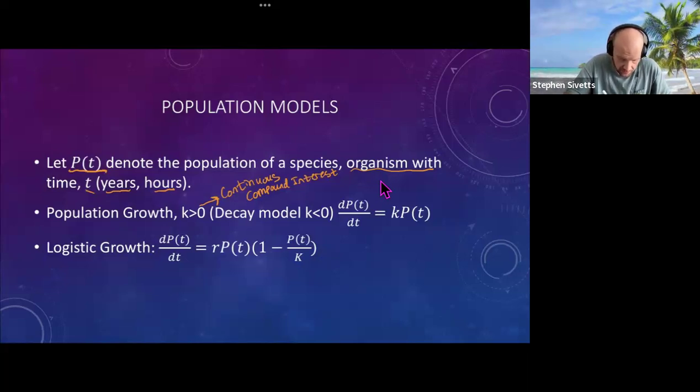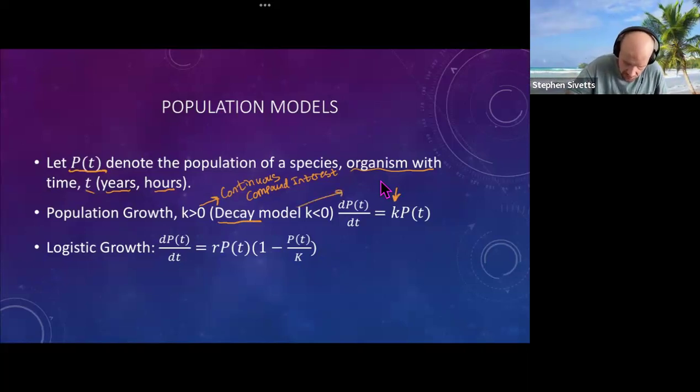And then you'll have what's called population decay. It all really depends on this constant K. If it's greater than 0, you're dealing with population growth. And if it's less than 0, it's population decay, right?